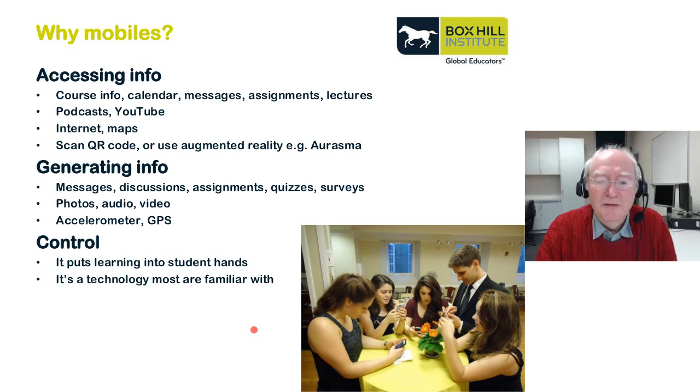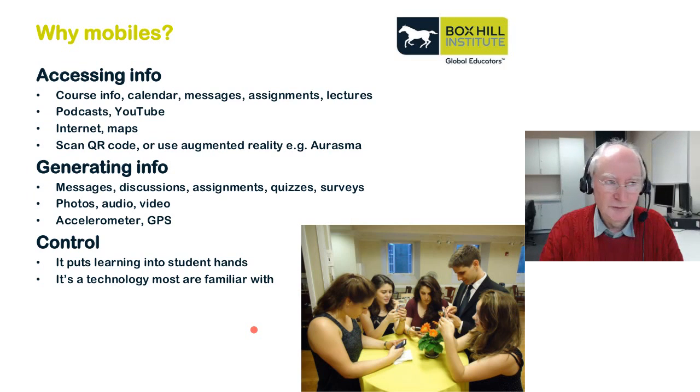But also you can think about accessing information using QR codes, so the students can just scan one of those patterns and immediately get access to something on your course or something about what they're looking at. Or augmented reality. One little example of Aurasma was shown in our hairdressing area here, where there were some posters up for a student open day, and the poster actually included some instructions about how to download Aurasma.